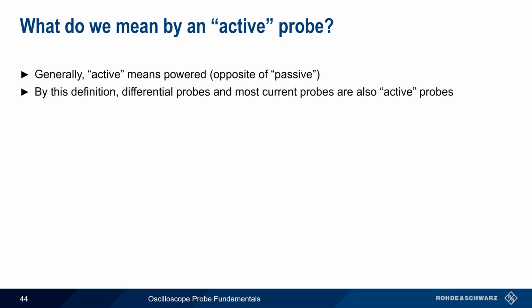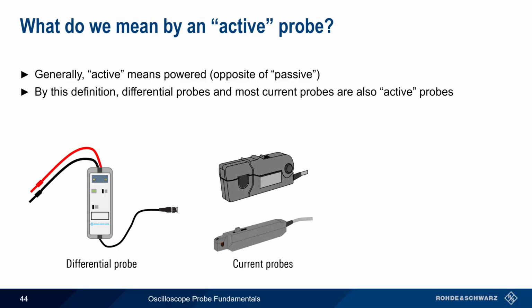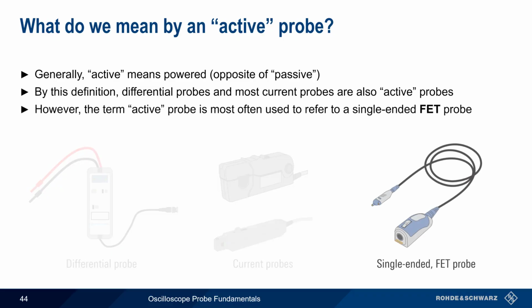Using this definition, differential probes and most types of current probes are also active probes, since these two types of probes also normally require power. However, for most oscilloscope users, the term active probe refers more narrowly to a single-ended FET probe. And in the remainder of this presentation, we'll also use the term active probe to refer to this specific type of probe.